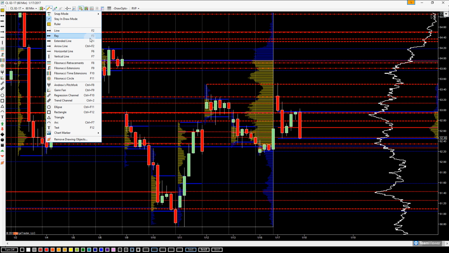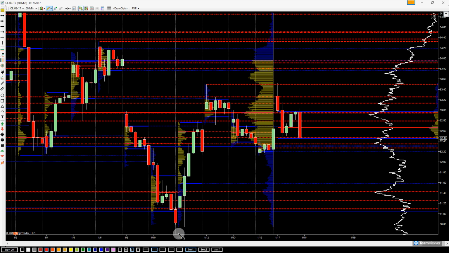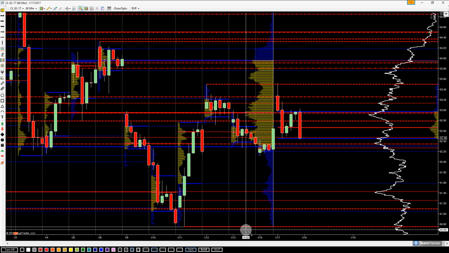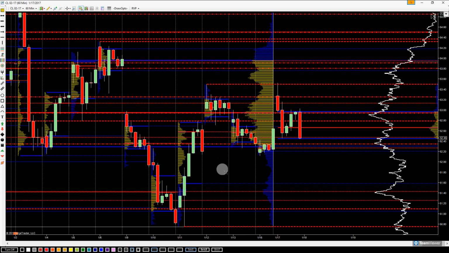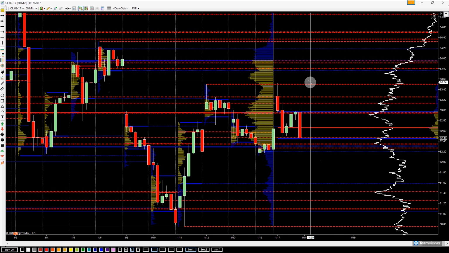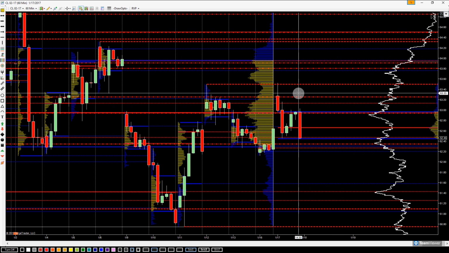Let me see what my shortcut key is. Now we have a swing that's in here, but this swing is no longer being respected as a support or resistance level, so we're going to pull that one out. So let's take a look.